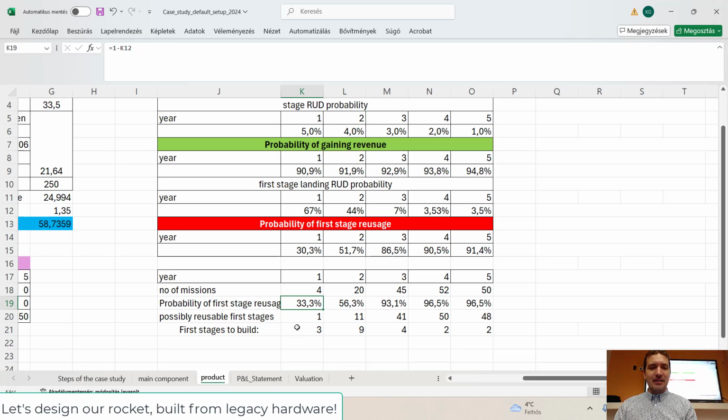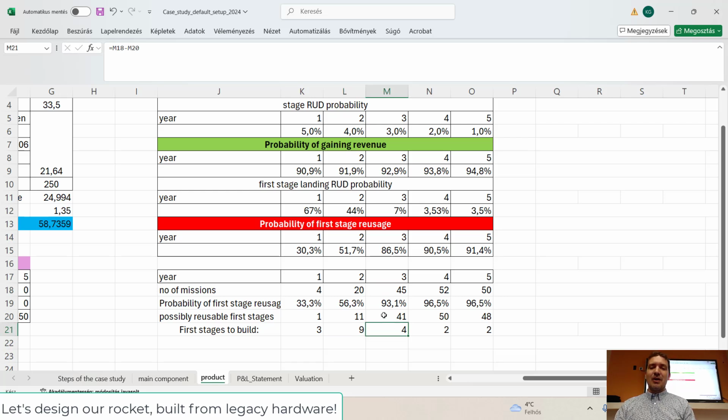And after that we'll calculate how many missions we have, and how many first stages we must be building. At the beginning this will scale terribly. Mostly what we can see is that for 4 missions we have to build at least 3 stages. For 20 missions we should build only 9 first stages.